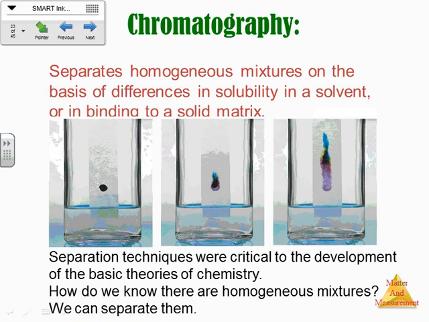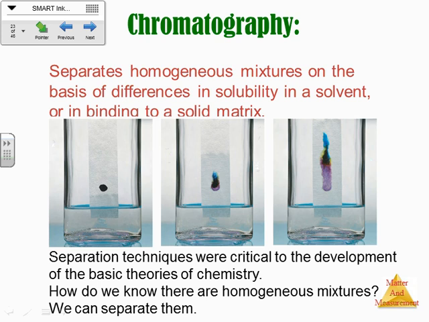Chromatography is another one. Also separates homogeneous mixtures, and it can separate them based on the difference in solubility. Now we didn't get to a lot of this last year. We were barely talking about this at the end of the year, solubility and how well something dissolves. But we did do a chromatography experiment with Skittles, if you guys remember, where we separated some of the colors from the Skittles, and so that has to do with the polarity.